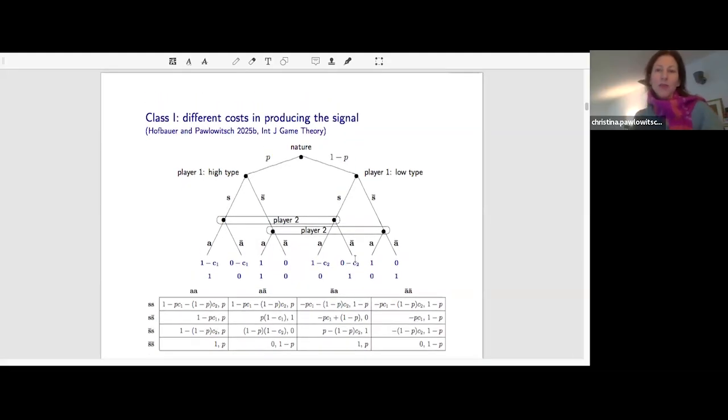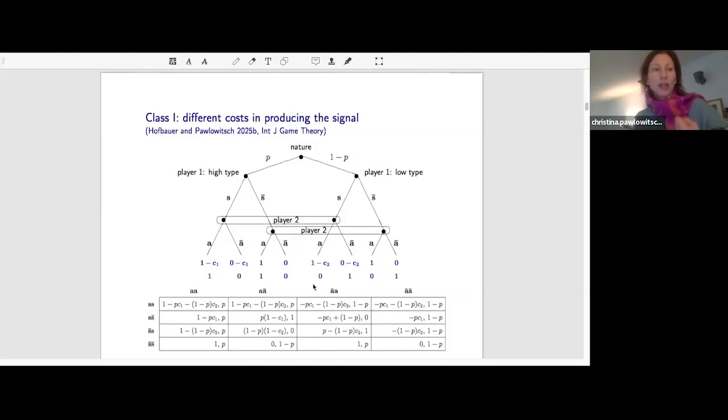Now what we do, so let me first focus on a very simple case, which is the case where we make the assumption, and this is very much along the lines of what Spence does in his original model. We make the assumption that the signal really has a higher cost of production for the low type.